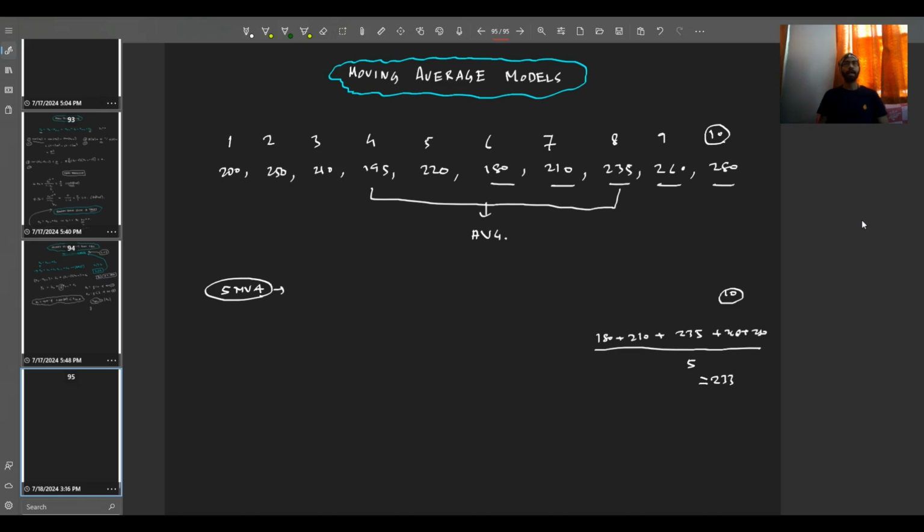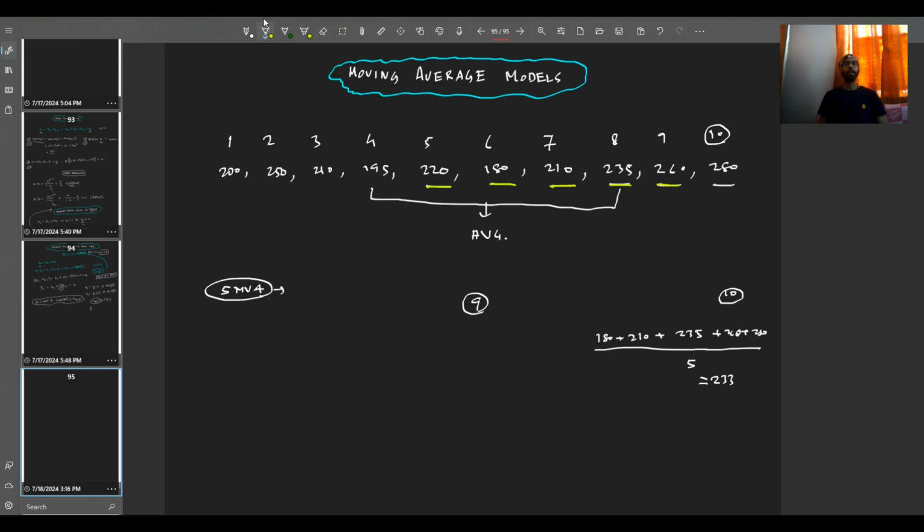Similarly, for year 9, the 5-year moving average will be 220, 180, 210, 235, 260. These 5 numbers added and then averaged, that is divided by 5.